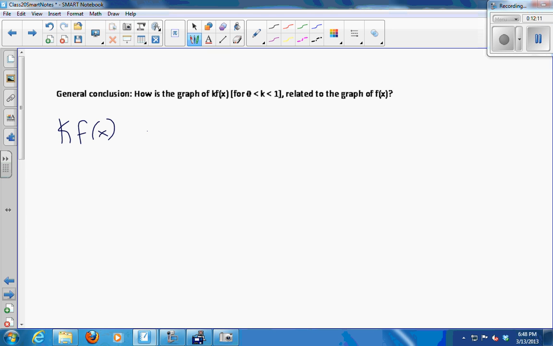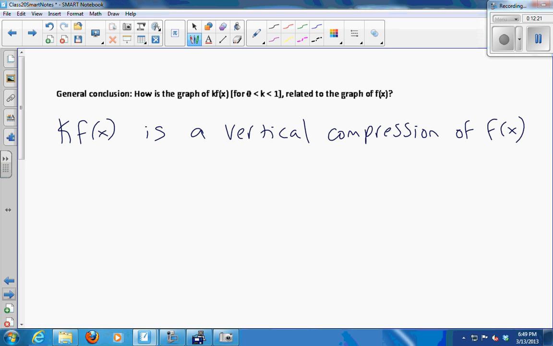K times f of x is a vertical compression of f of x by a factor of k. So it's exactly the same thing as a vertical stretch. It's just that when the number is small, the graph shrinks. When the number is big, the graph grows, stretches.